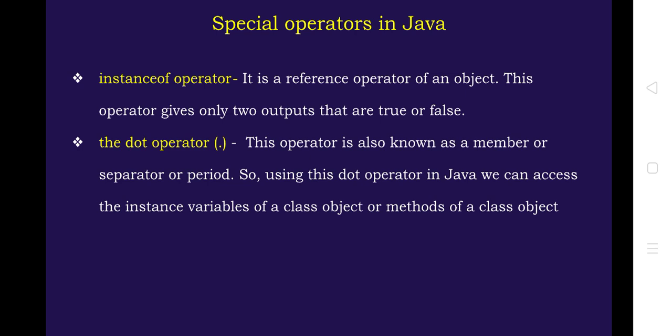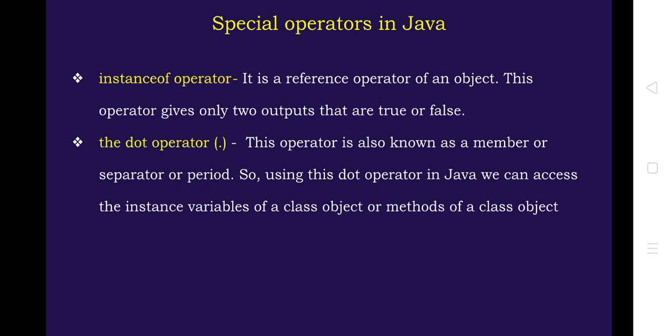Suppose you want to check an instance of an object, we use the instanceof operator. This is also like a logical operator, giving only two outputs, true or false. If the particular object belongs to the class, yes means true, no means false.